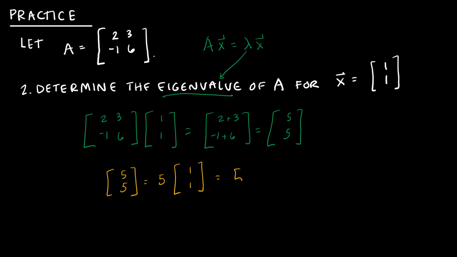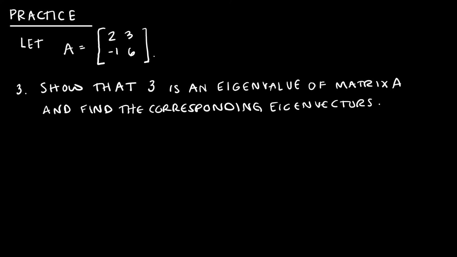This is 5 times (1, 1), which is 5 times vector x. Therefore, the eigenvalue lambda is 5. We could have easily been asked, is x an eigenvector, and we would say yes, or what is the eigenvalue, and the eigenvalue is 5.